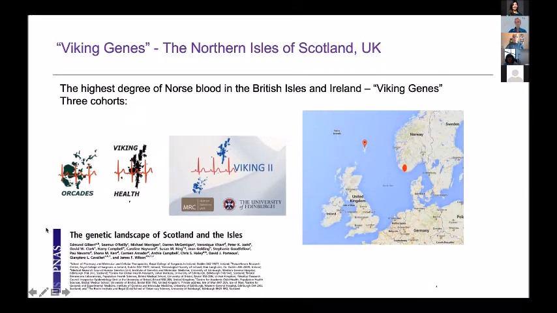And our genetic analysis work confirmed the not unexpected finding that these populations have the highest degree of Norse blood in the British Isles and Ireland. And that gave us the colloquial term of Viking genes. I'm going to tell you about 3 cohorts: Orchids, Viking Health Study Shetland, and Viking 2. And these are their logos showing the maps of the islands themselves.